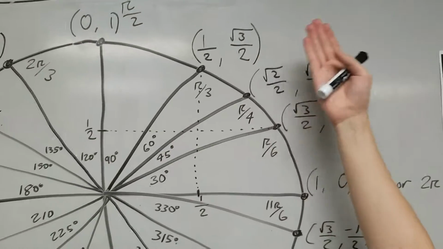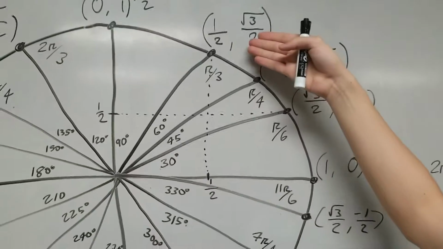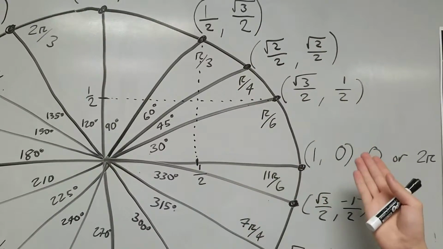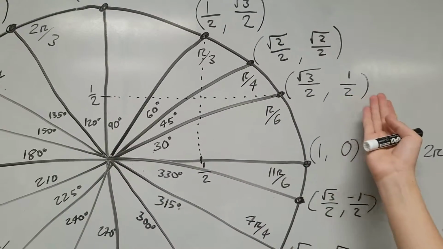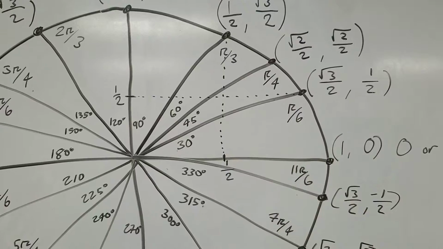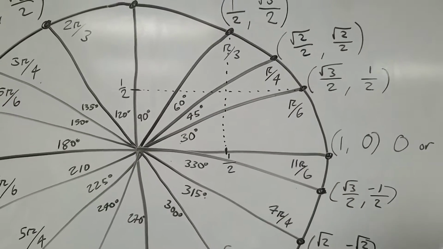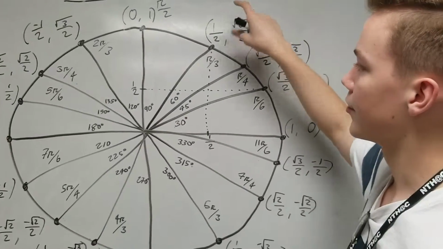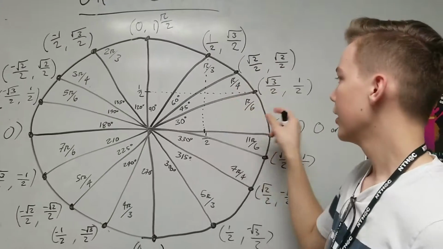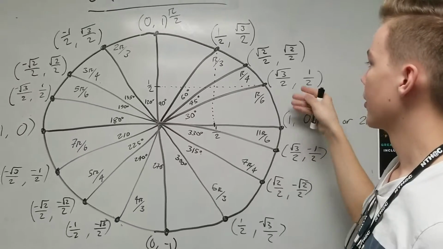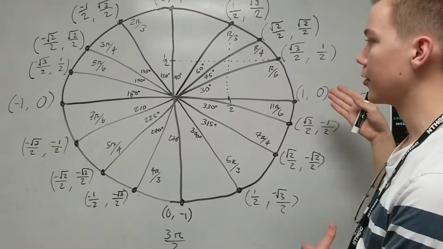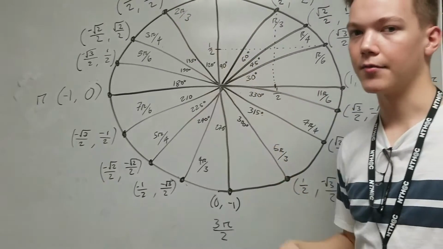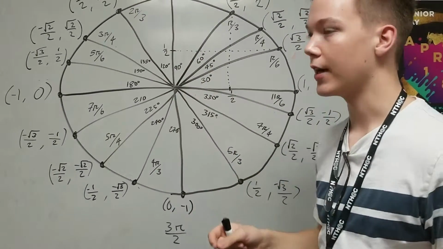Literally it just means that 1/2 here as the x-coordinate means that it's reaching 1/2 of the way to 1 on the x-axis. 1/2 here means that it's reaching half of the way to 1 on the y-axis. So that's the way to remember what your x-coordinate is for the top of your circle, and the y-coordinate is for the rightmost side of your circle. And it's going to be the same everywhere. Again, you just have to take into account that different quadrants have different positive or negative signs.